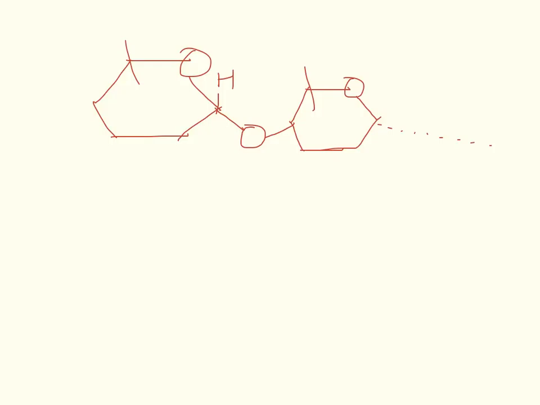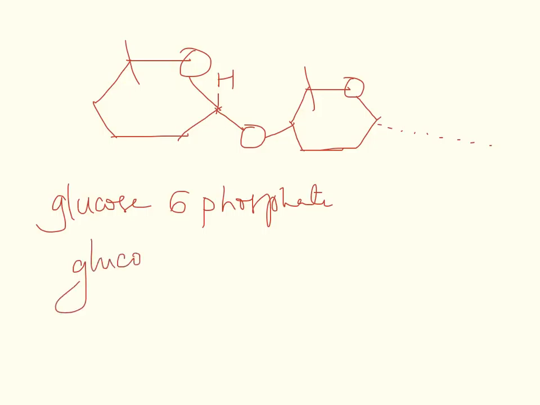The enzymes involved, this is basically 3 steps: glucose 6 phosphate isomerizes to give glucose 1 phosphate.